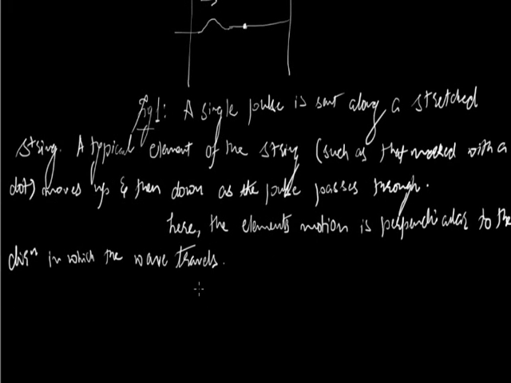Now, if you move your hand up and down in a continuous manner, a continuous wave travels along the string with a velocity v. However, the motion of your hand is a sinusoidal function of time. At any given instant of time, the wave will have a sinusoidal shape as shown in this figure.